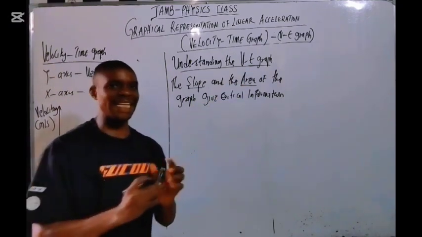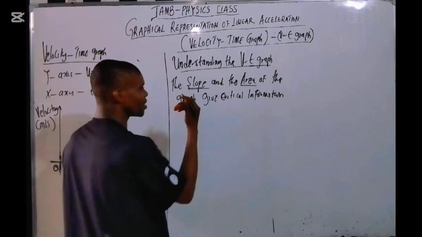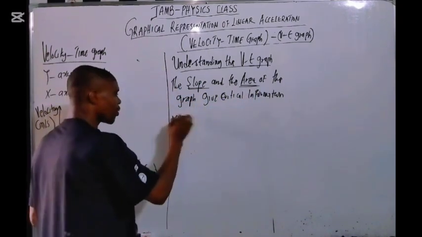So the two things you want to note here are the slope of the graph and the area of the graph. Do you understand? Now let's look at the slope.